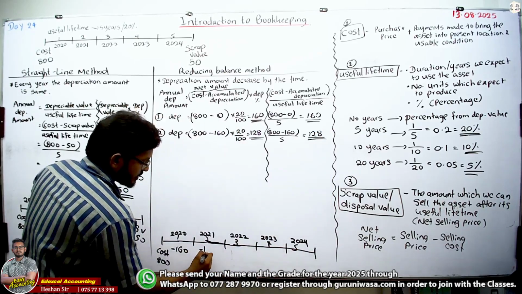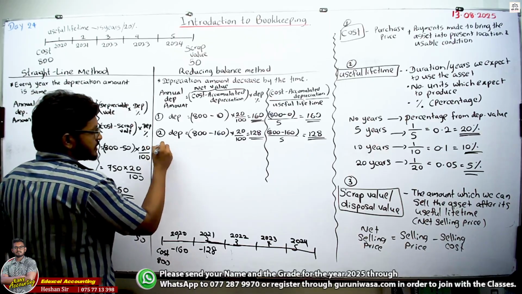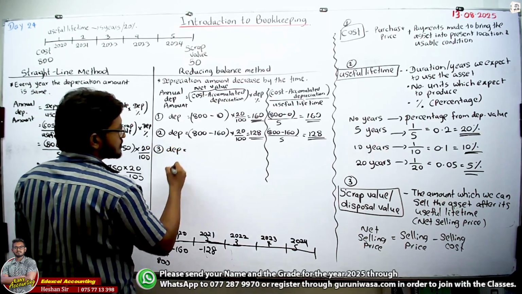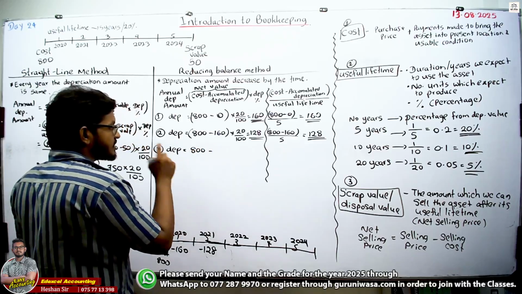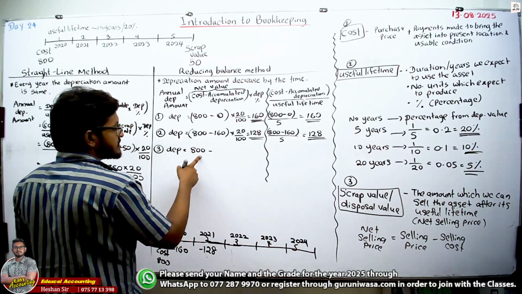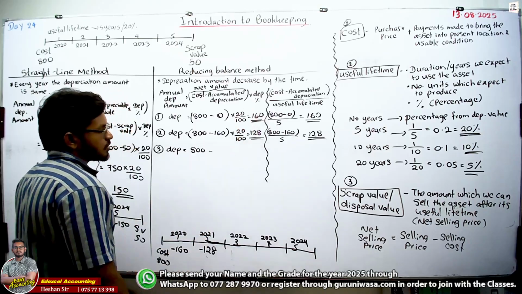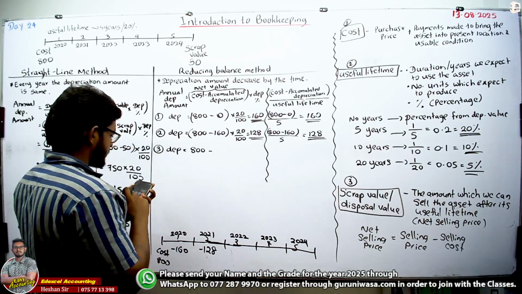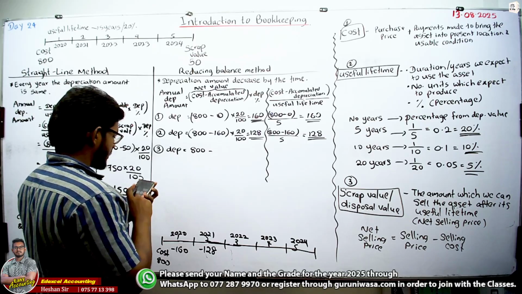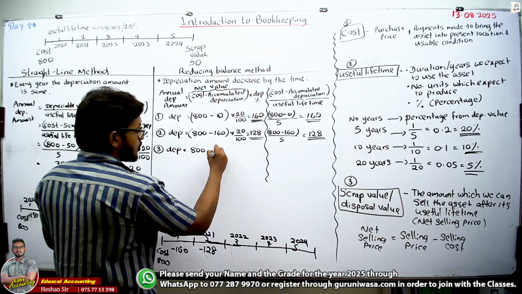The second year is 128. If you take the third year depreciation, cost is 800,000. Now this is the third year. For third year depreciation we need to deduct the first 2 years depreciation total. Understand? Which means first year 160, second year plus 128, 288.